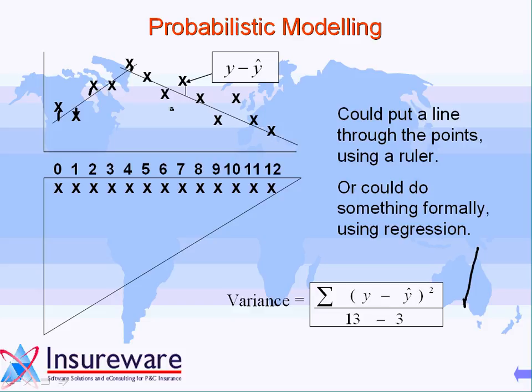Each line has an intercept and a slope. Because the two lines are constrained to intersect at development year 4, there's actually only 3 parameters. This is called the variance of the observations around the two trend lines.